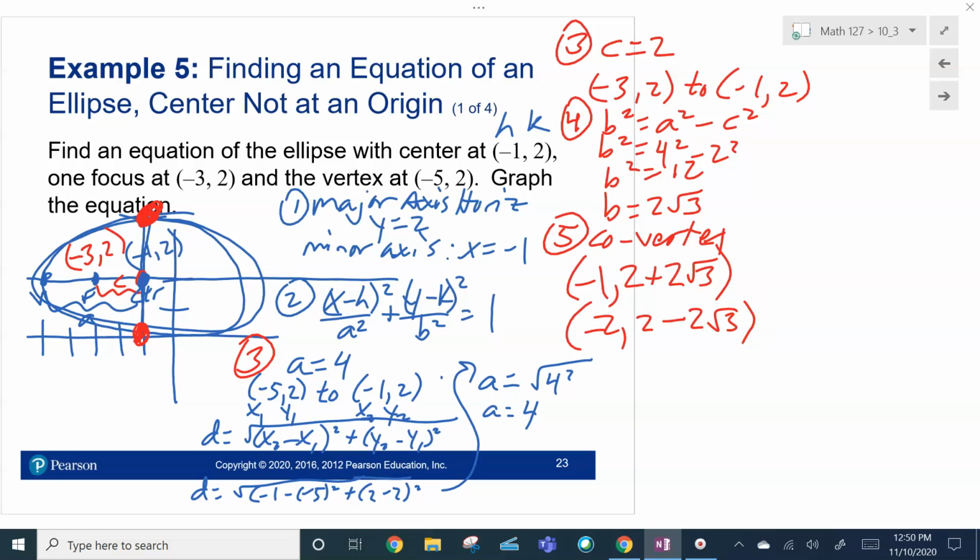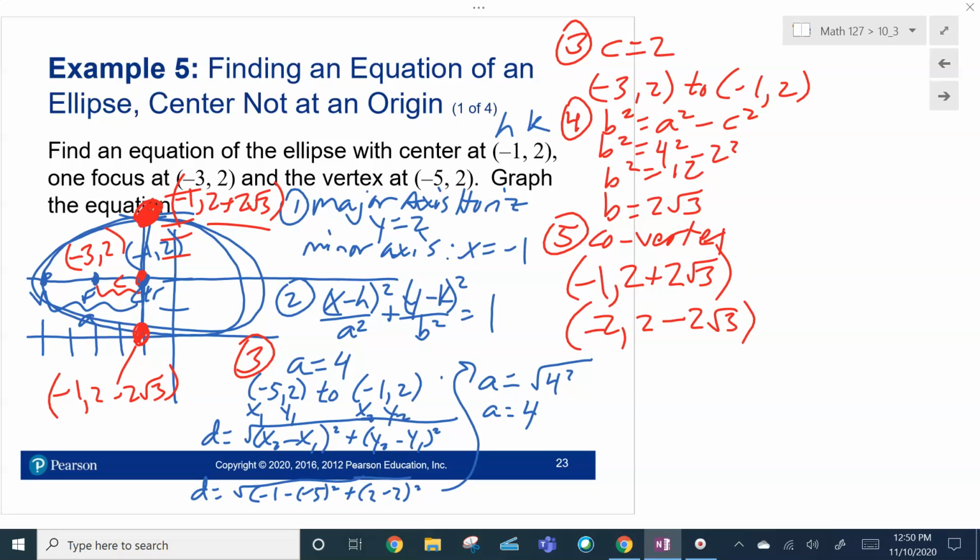So there are the points (-1, 2 plus 2 root 3) and (-1, 2 minus 2 root 3). Again, 2 plus 3.464 is about 5.464, and 2 minus 3.464 is about -1.464 down there. So there are the co-vertices.